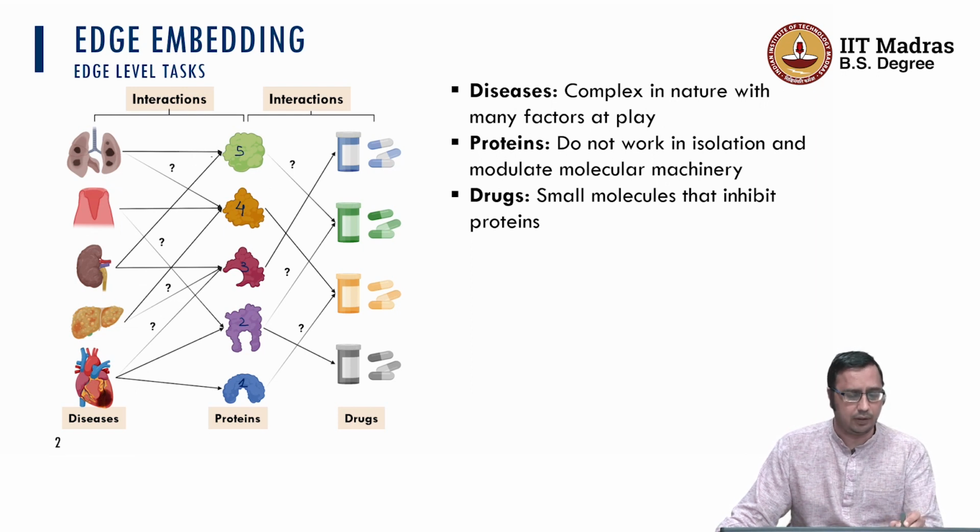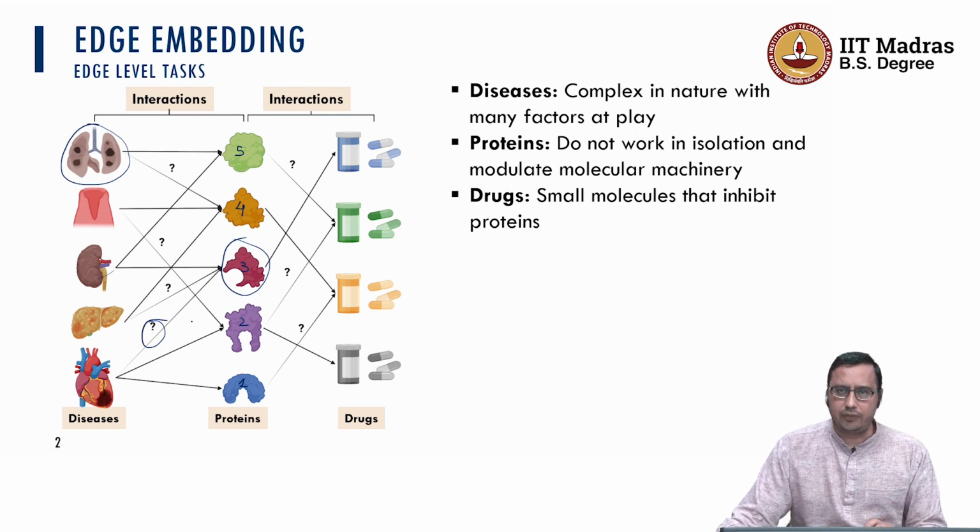So I know this particular link, and this same kind of protein level interaction or malfunctioning can cause disease in the kidney, etc. However, I do not know whether this particular protein 4 can be interacting with some other protein in creating a certain disease in this particular organ, or whether this particular protein can create a disease in this particular organ.